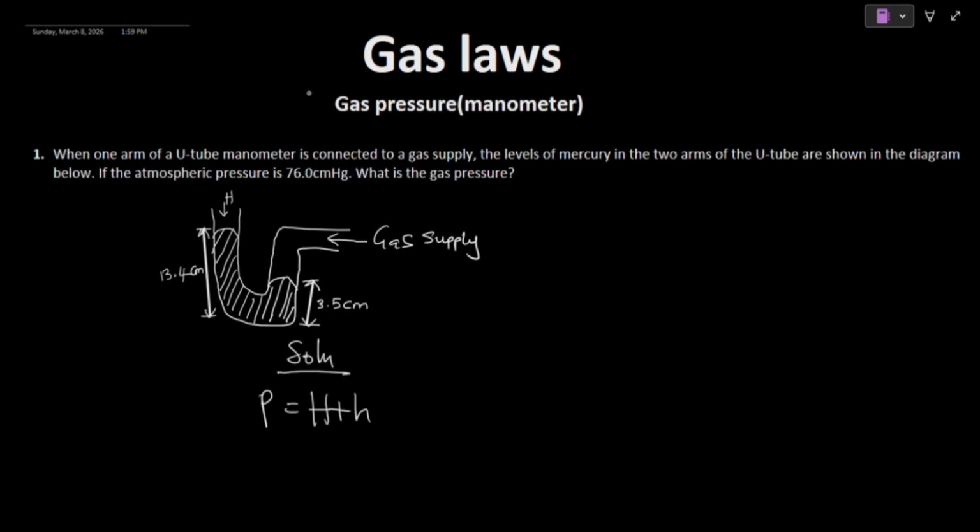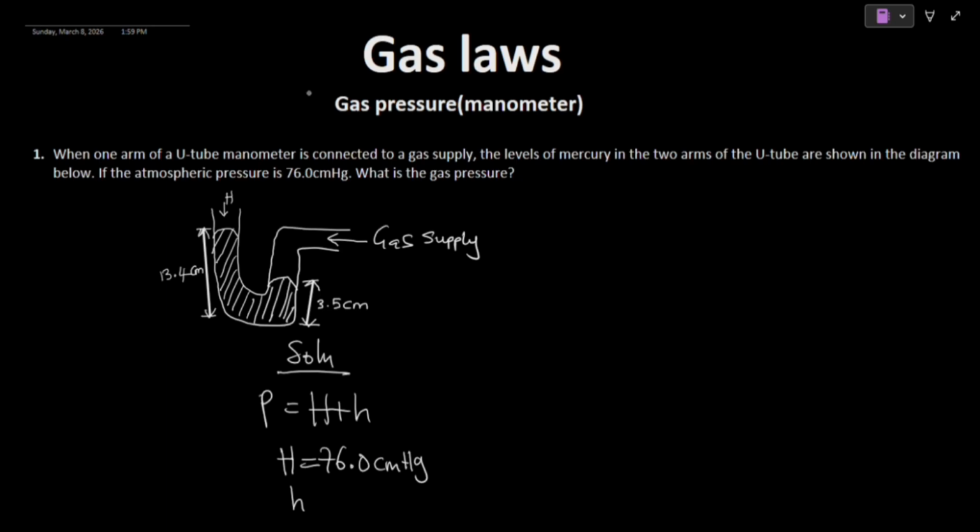From the question, we're given that the atmospheric pressure H is equal to 76.0 cm mercury. For the pressure difference, the total height of the mercury is 13.4 cm and the height on the gas supply arm is 3.5 cm.